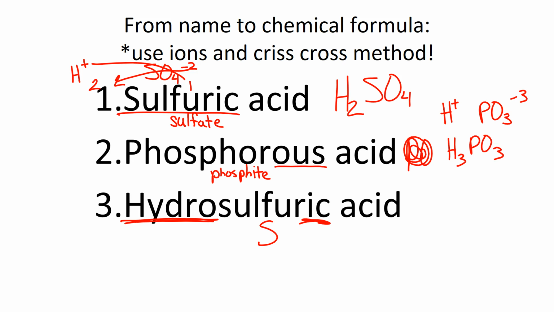So that means that's sulfur. Sulfur's a -2. Hydrogen's a +1. H2S. All right. Of the two skills, going from the name to the formula is more important than going from the formula to the name.